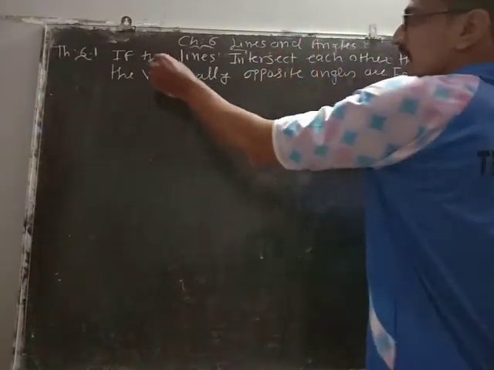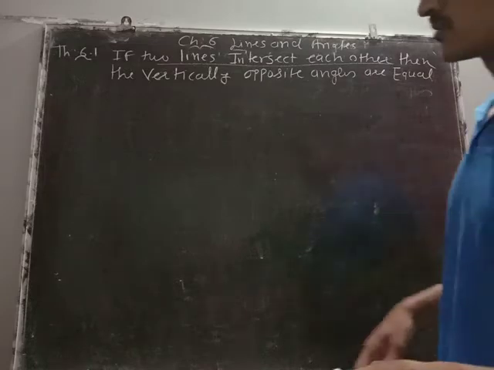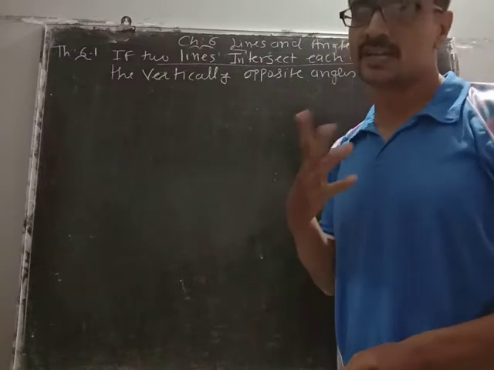So if we have two lines that intersect each other, here we have to take two lines which intersect each other.